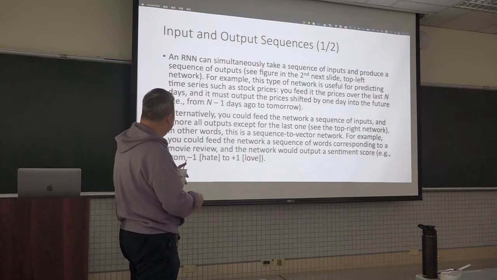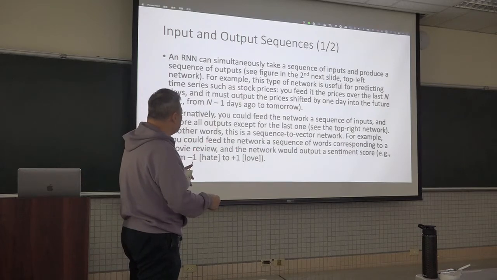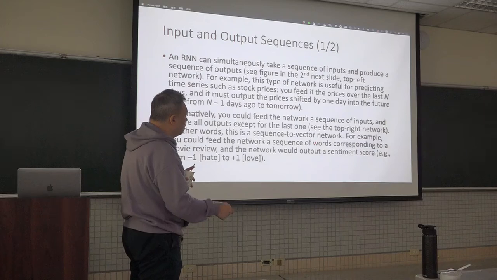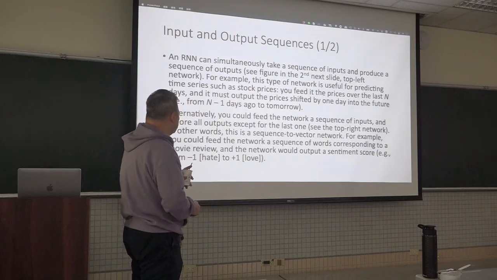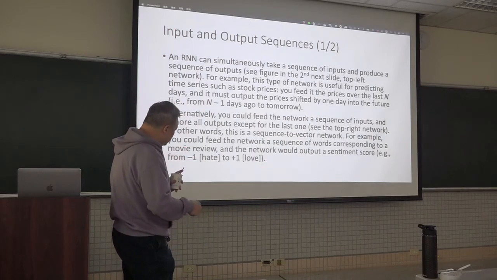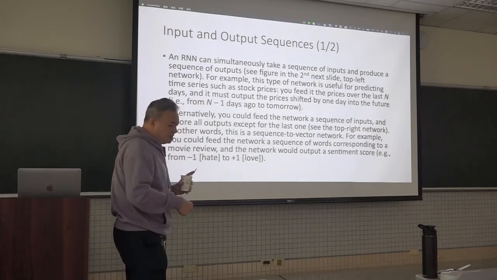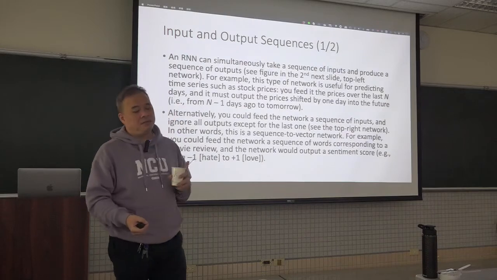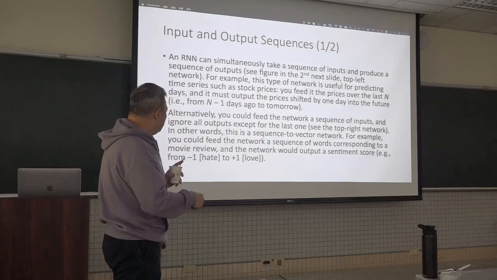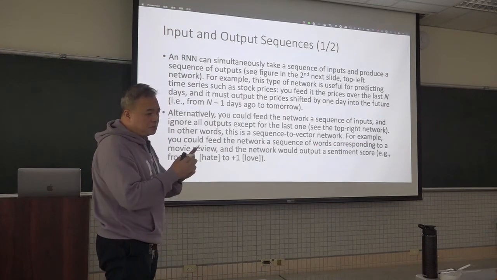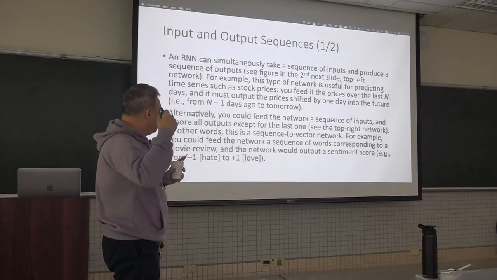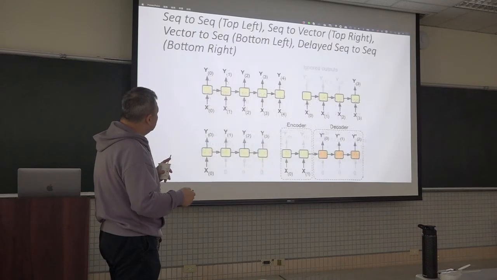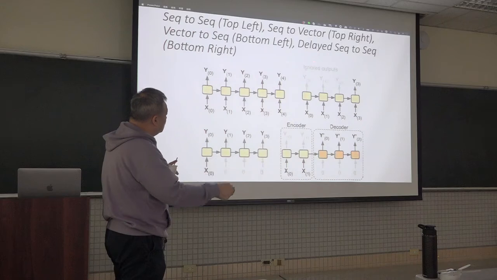For example, you could feed the network a sequence of words corresponding to a movie review, and the network will output a sentiment score, maybe from -1 to +1. -1 means the review is negative, the reviewer hated the movie, and +1 means the reviewer loved the movie. So based on the input, a sequence of words, this model translates that into a score. This is the common application for the second model.